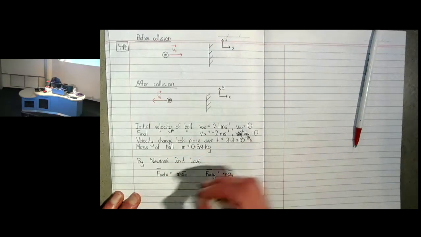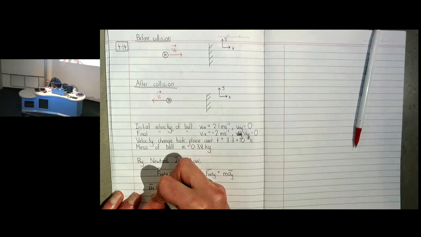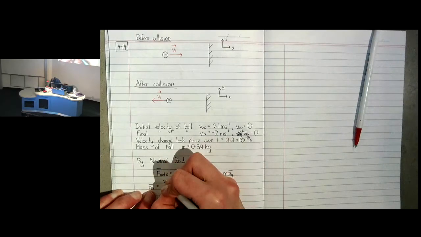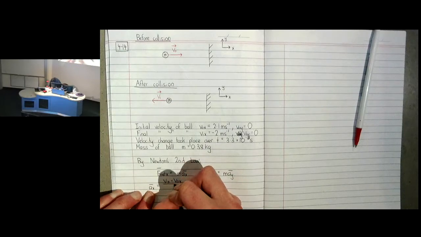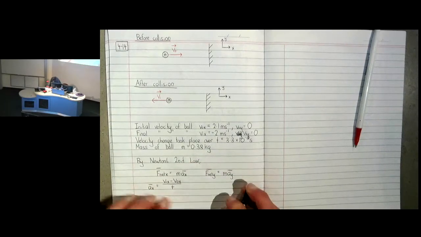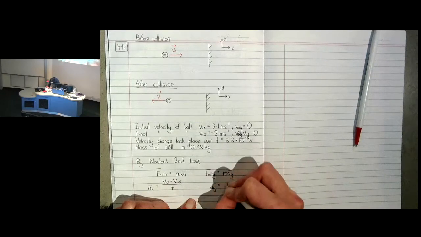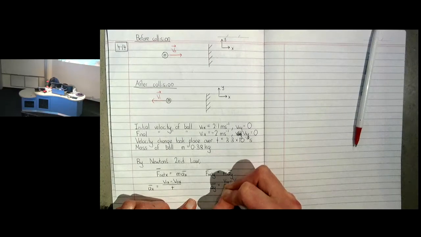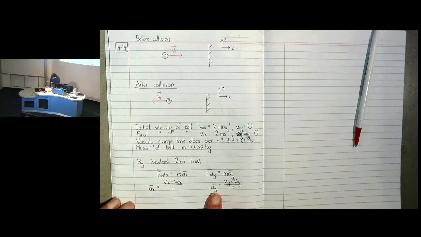So by the definition of average acceleration then, the x component of the average acceleration is just equal to the x component of the final velocity minus the x component of the initial velocity divided by the time. And similarly for the y component, but the y component is just 0.